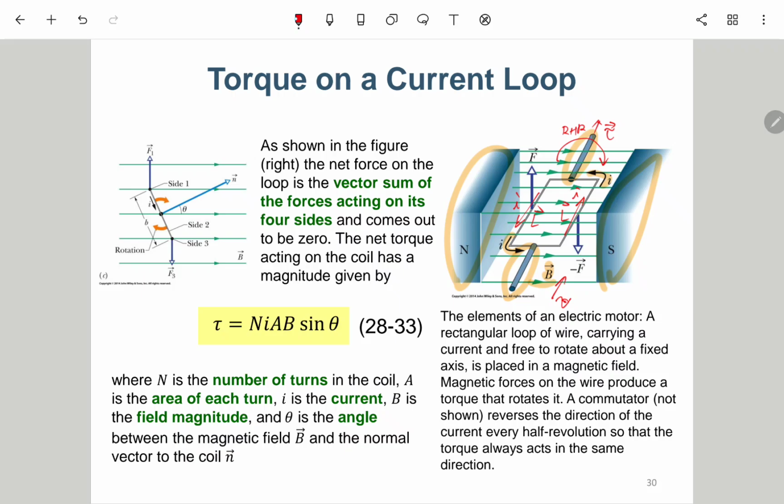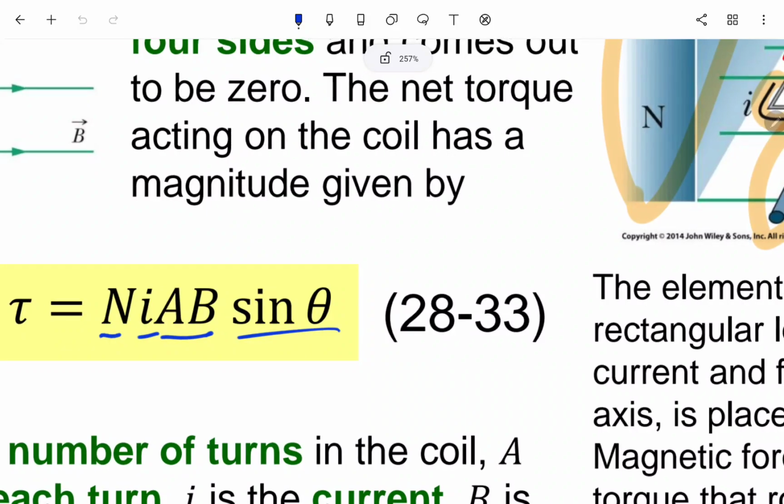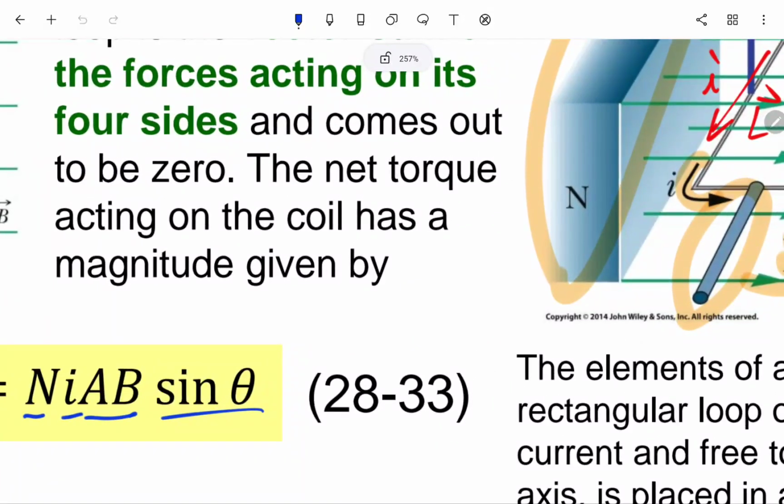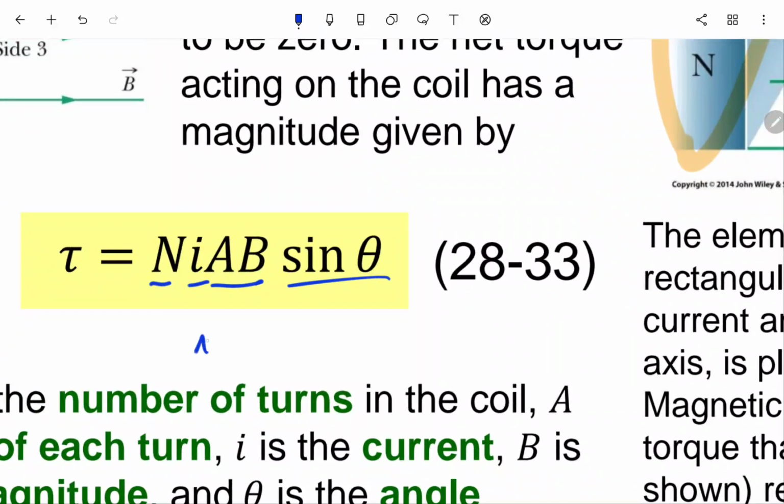Here it is said that this torque is NIAB sine of theta. The idea is that previously we have IL cross B, which is the Lorentz force.